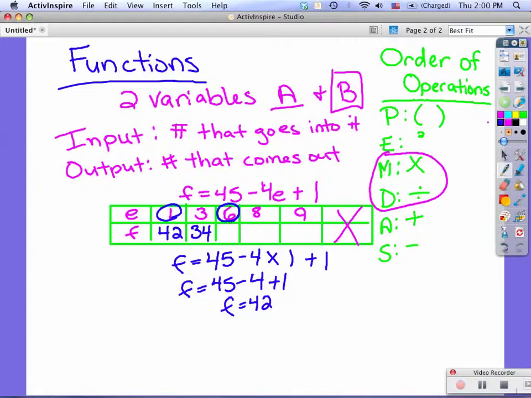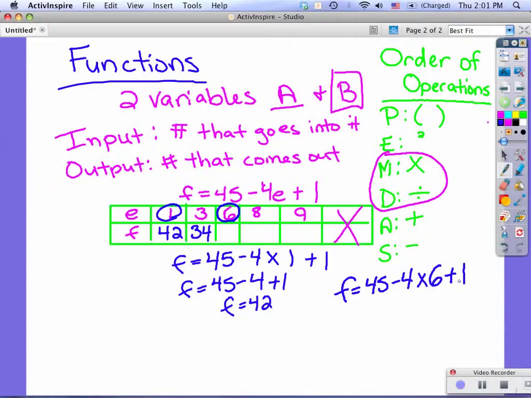So you write it out. F equals 45 minus 4 times, well, what's E this time? 6 plus 1. Did I just copy that same exact problem, but this time I took out the E, which is 6, and put the 6 in its place, right?